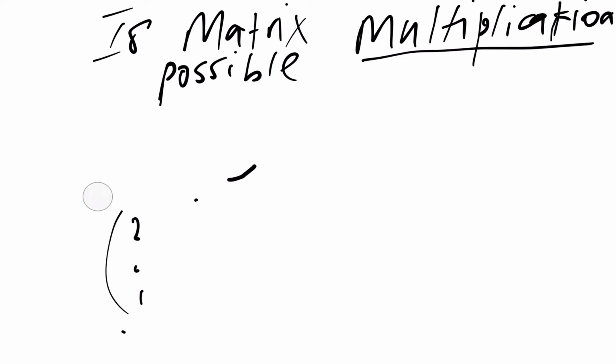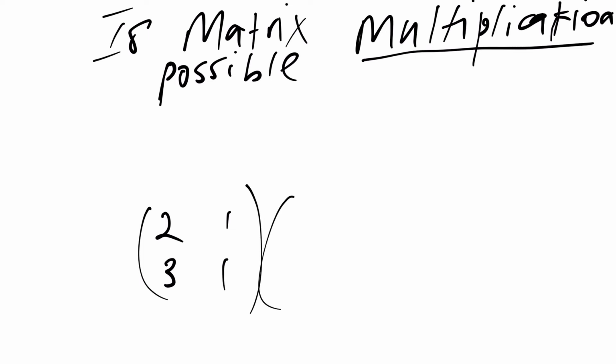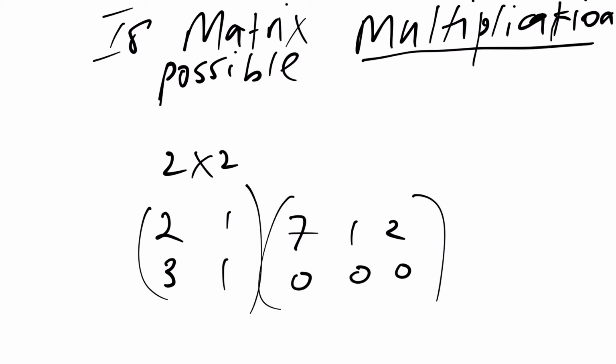But then let me try to make an example of matrices whereby the multiplication should be possible, so that you can see and appreciate what is going on here. The first matrix is a 2 by 2 matrix, as you can see: 2 rows, 2 columns. And the second matrix has 2 rows and 3 columns.